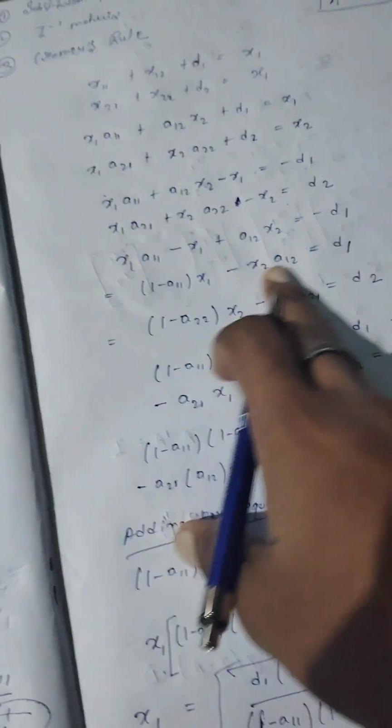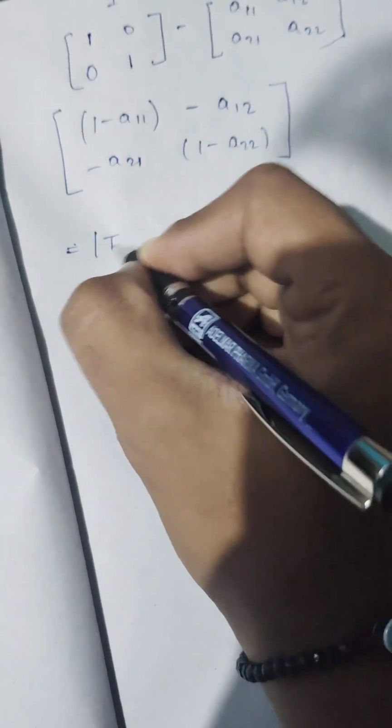So we have this matrix and we have to take out its determinant. The determinant of I minus A is (1 minus a11) multiplied by (1 minus a22) minus a12 into a21. This is the determinant.